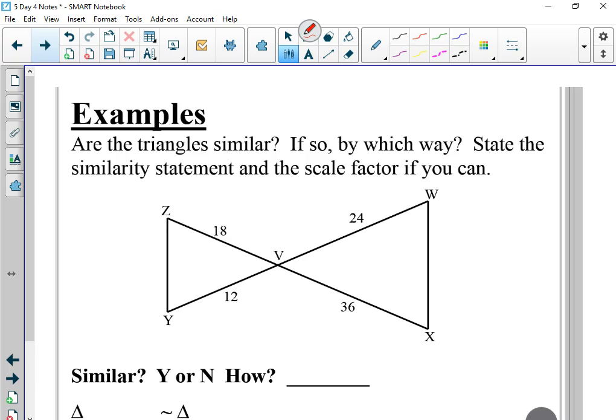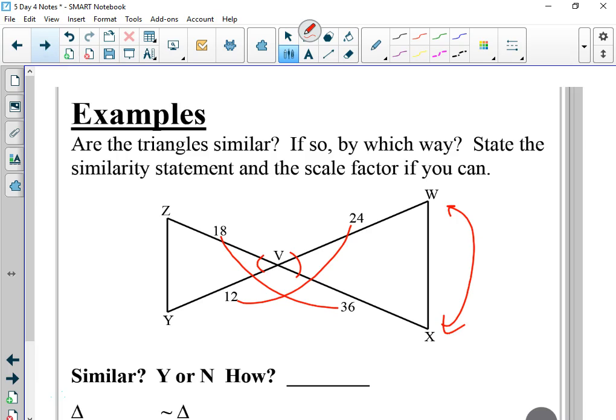Are they similar? Well, we have our good old friend vertical angles. If we notice, 18 is half of 36, and 12 is half of 24. So we've got to think about this kind of flipping.